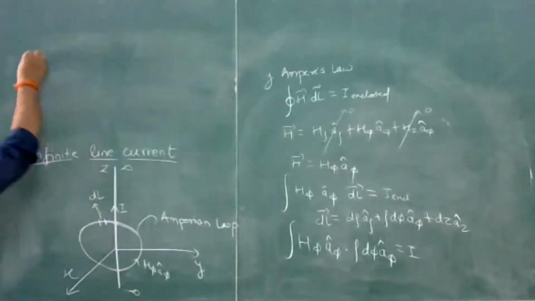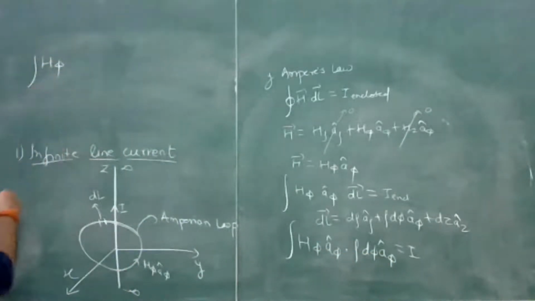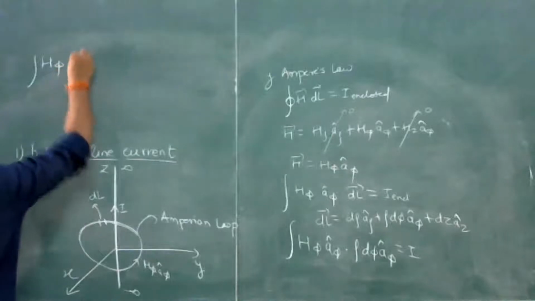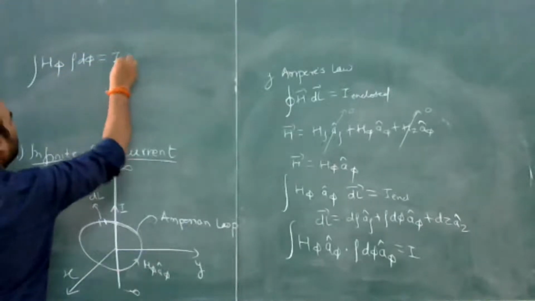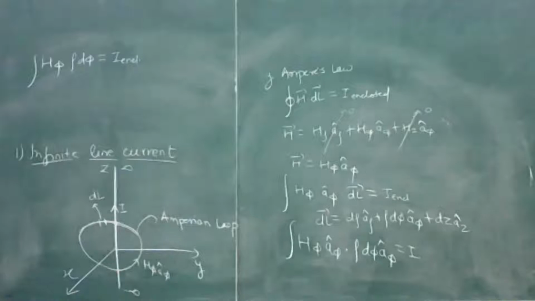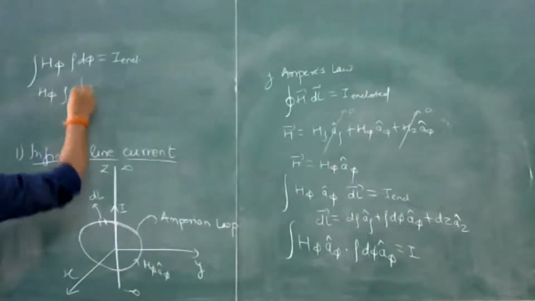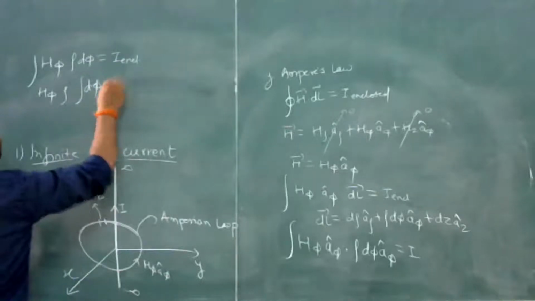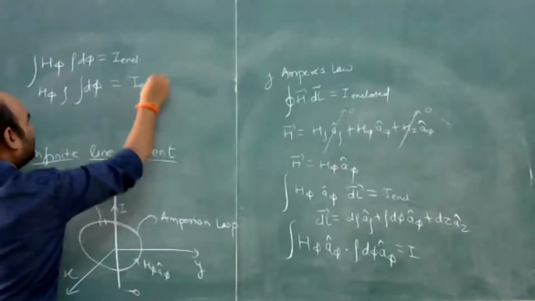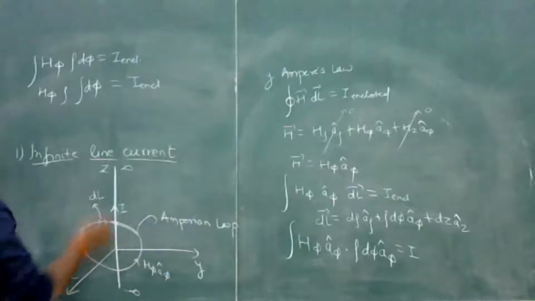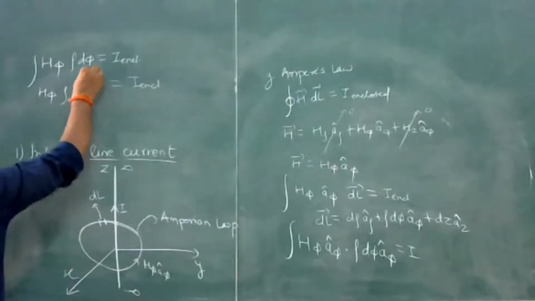We are left with H phi rho d phi equal to I. H phi and rho will come out. Phi extends from 0 to 2 pi.